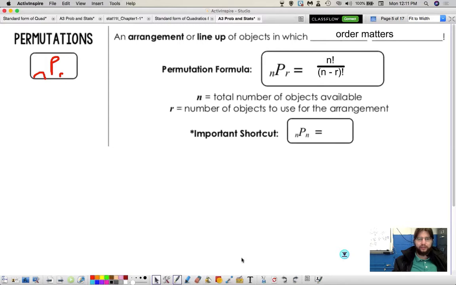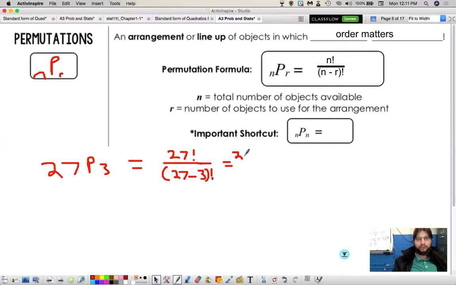So let's just do that. Let's say we have 27 racers and we're trying to find first, second, third place. That's going to be 27 factorial over 27 minus 3 factorial. That's 27 factorial over 24 factorial.